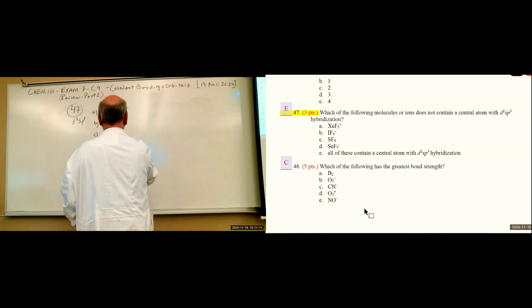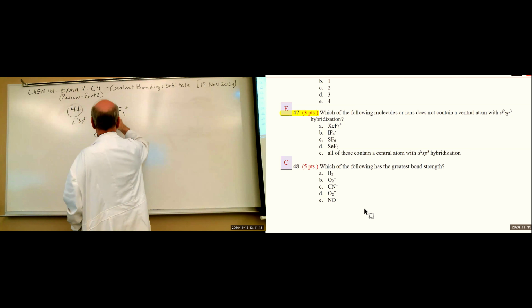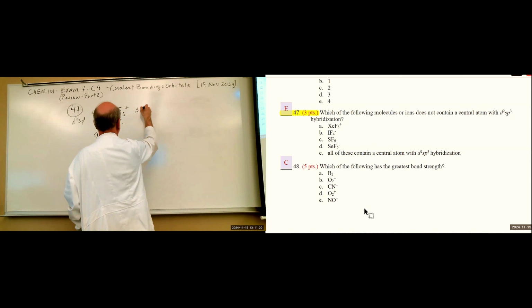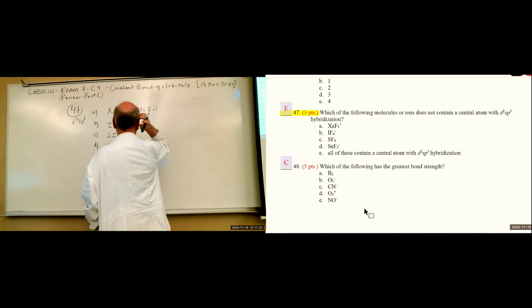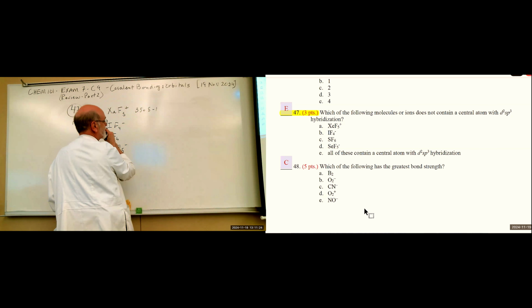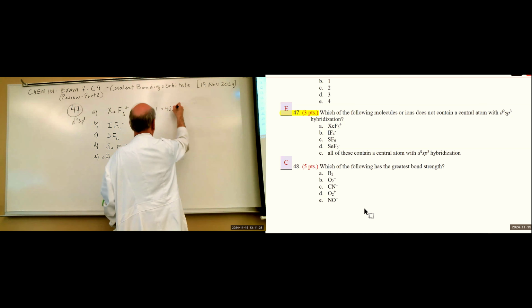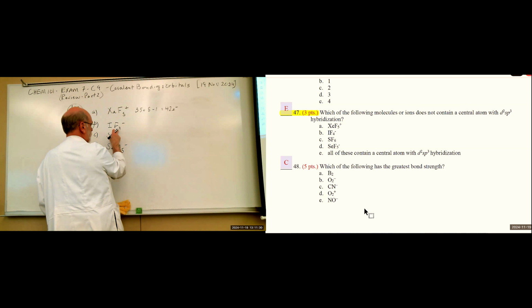Okay. So let's do valence electrons first. That's 5 times 7 is 35. So 35 plus 8 minus 1 for the positive charge. So that's 42, right? This will be 4 times 7 is 28, 29.